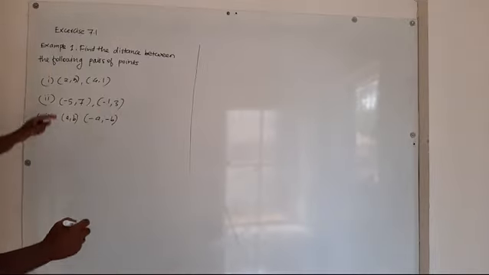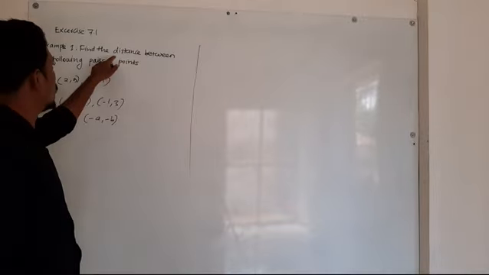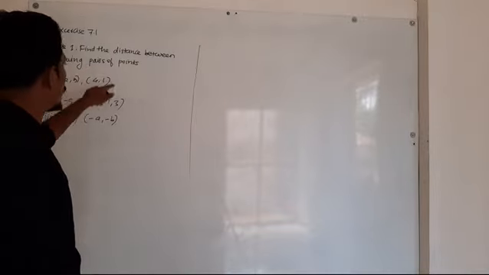Students, example number 1, exercise 7.1: find the distance between the following pairs of points.